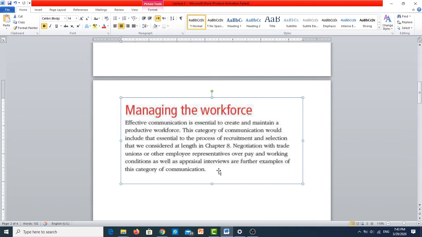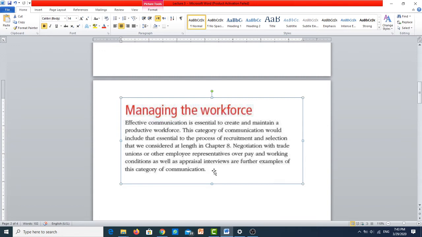And all this we have done in different ways, how you recruit and select the people, in the later chapter and in the previous chapter 8.